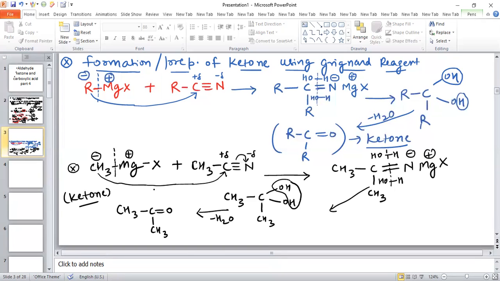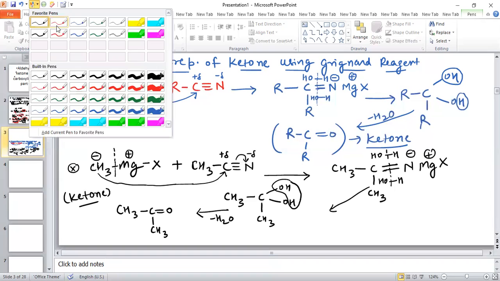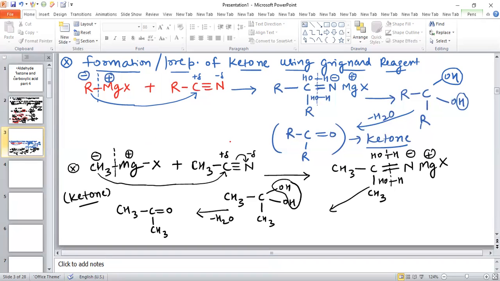Now you can easily identify there also, this CH3CN part gets oxidized into CH3C double bond O, and this CH3 minus gets attached on this carbon.